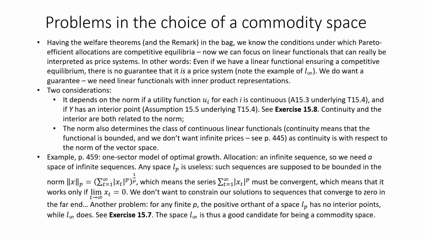And we can choose this normed vector space as a commodity space. By choosing this space as the commodity space, we would limit ourselves to solutions which are convergent to zero, and we cannot be sure that such solutions converging to zero in the far end are the best possible solutions.